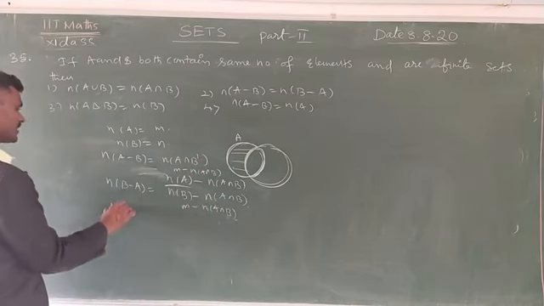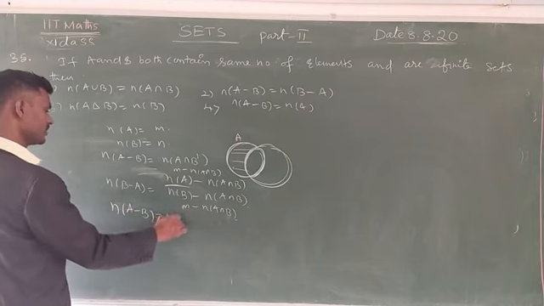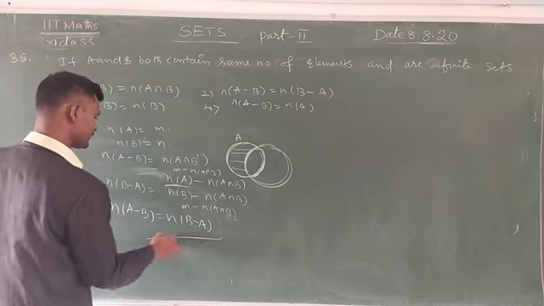Both are equal, therefore n of A minus B is equal to n of B minus A.